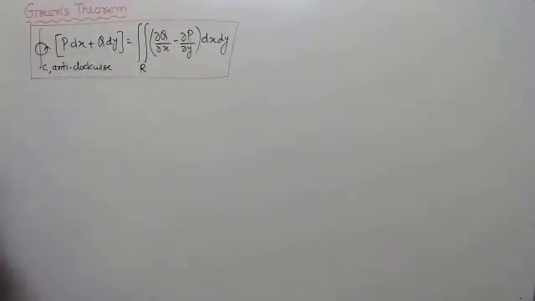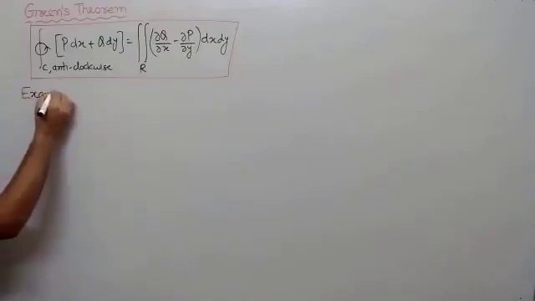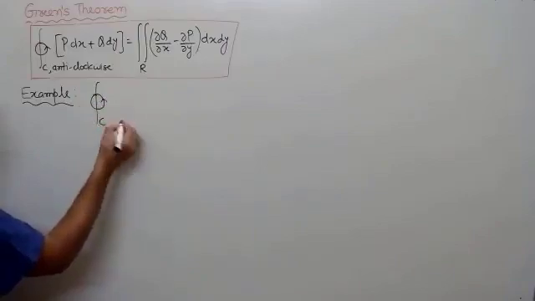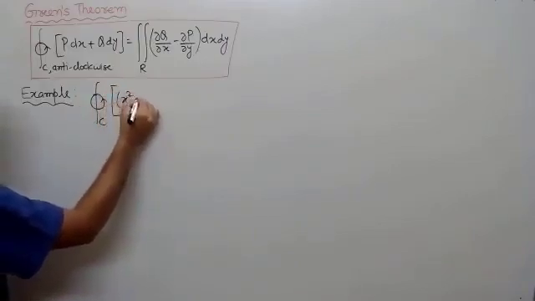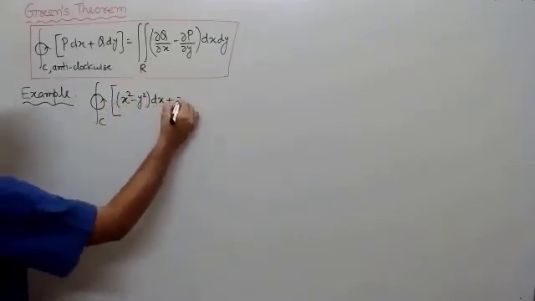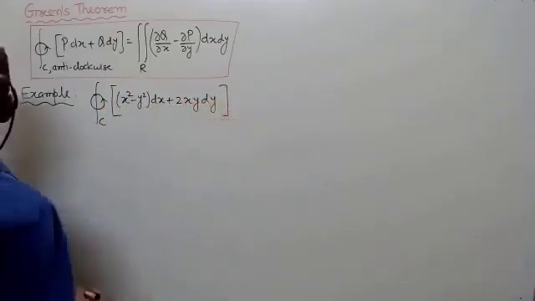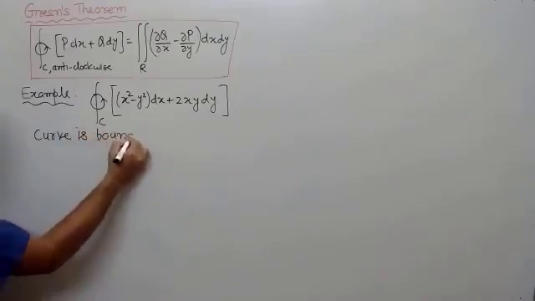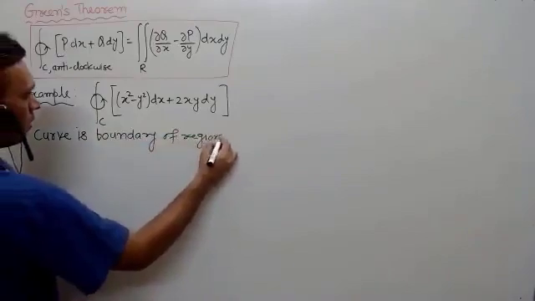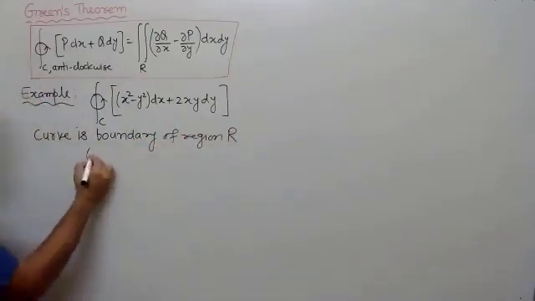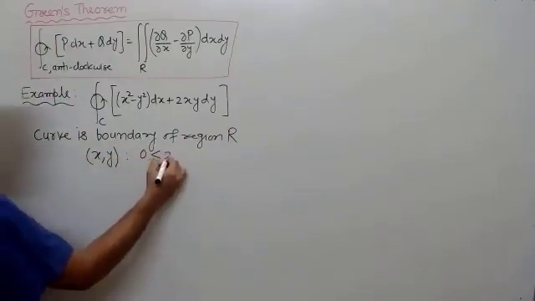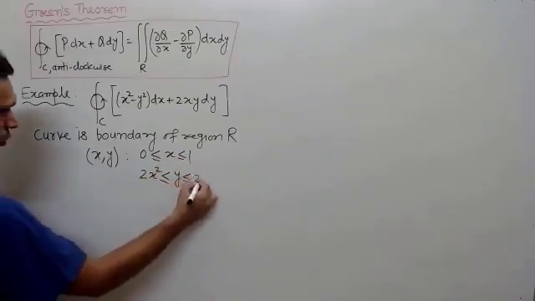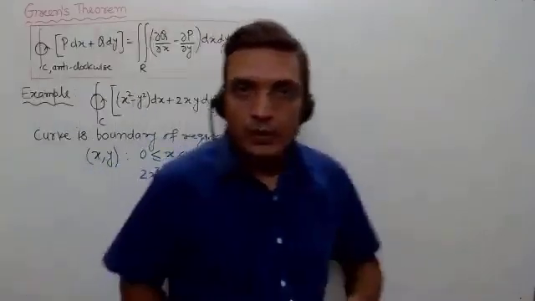The first example is, you have to evaluate this integral over C, given as x squared minus y squared dx plus 2xy dy, and the curve is the boundary of region R, and that region is given by x, y, where x lies between 0 and 1, and y lies between 2x squared and 2x. This is the region. So evaluate this integral.